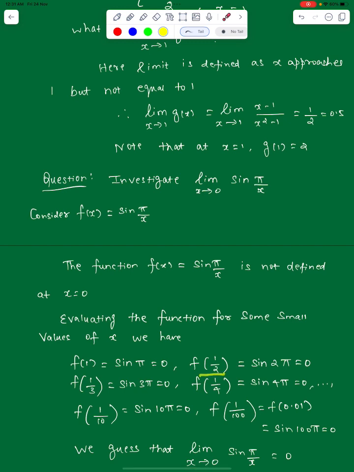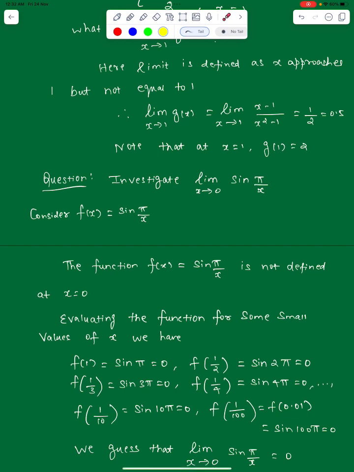Before that we take 1 over 2, it will be sine 2 pi, like that it goes. When you decrease from 1 to 1 over 2, 1 over 3, 1 over 4, 1 over 10, the values of sine for all the values of x are going to be 0, you can see, and f of 1 over 10 is again going to be 0. F of 1 over 100, which is 0.01, is going to be 0.